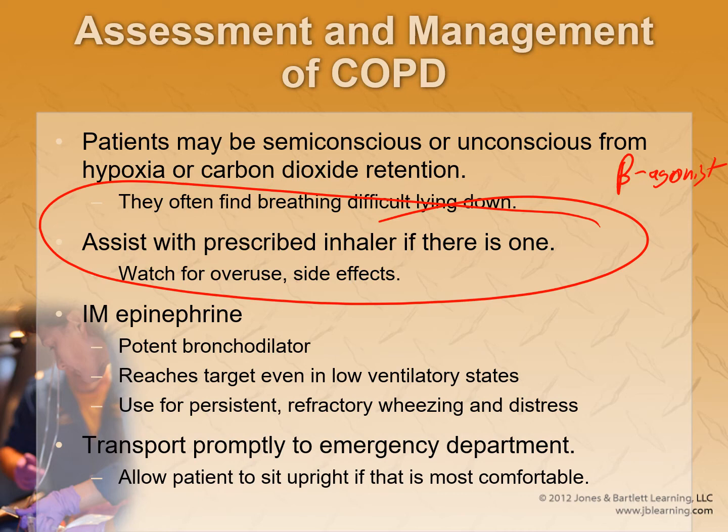But in the respiratory tree, albuterol and all beta acting medications cause that smooth muscle to relax and dilate. So your first line is going to be to administer an inhaled beta agonist. Why inhaled? Because that gets it right to where you want it to go.